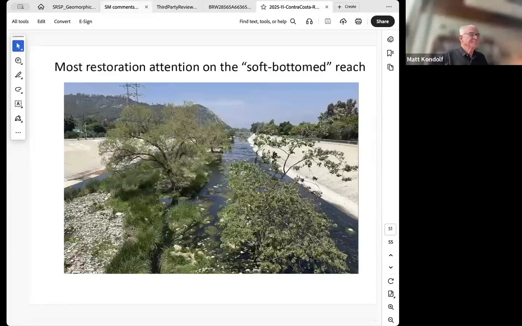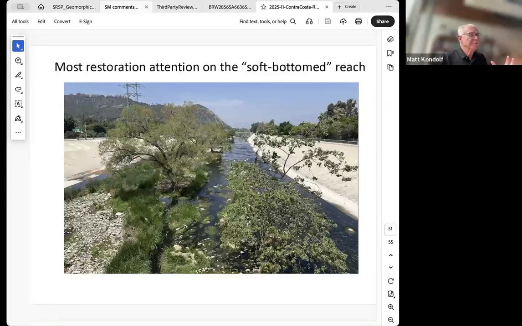This is the reach where they could not put in a concrete bottom because of the rising groundwater, which would just lift those concrete slabs up. From a flood conveyance point of view, this is a lot of hydraulic roughness. This really slows the water down and limits how much you can carry in this channel.